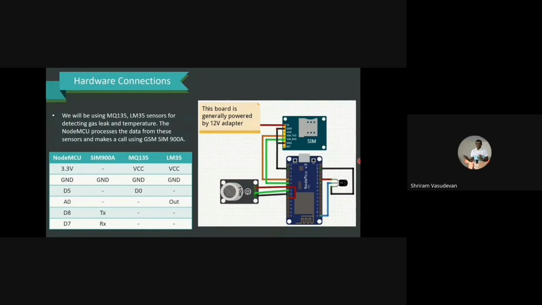The A0 pin of NodeMCU is connected to the output of LM35. D8 is connected to SIM900A's TX, and D7 of NodeMCU is connected to RX of SIM900A. All these have been clearly represented in this diagram which presents the circuit connections.